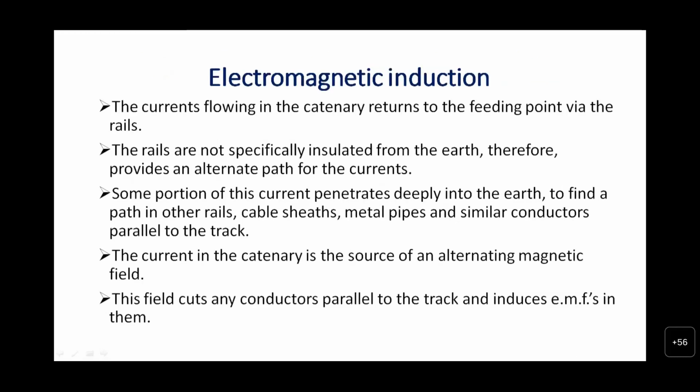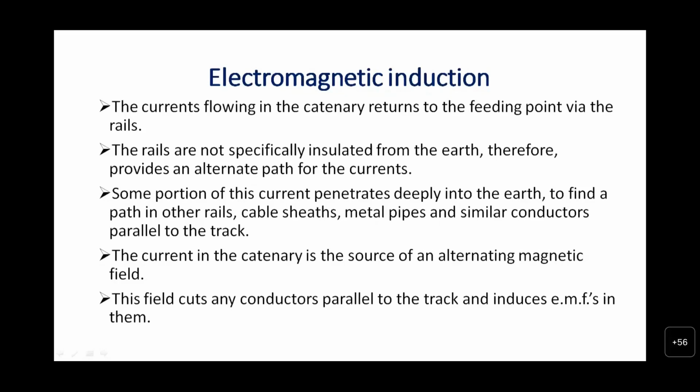As far as electromagnetic induction is concerned, the current flowing in the catenary returns to the feeding point via the rails. The rails are not specifically insulated from the earth, therefore they provide an alternate path for the current. Some portion of this current penetrates deeply into the earth to find a path in other rails, cable sheaths, metal pipes, and similar conductors parallel to the tracks.